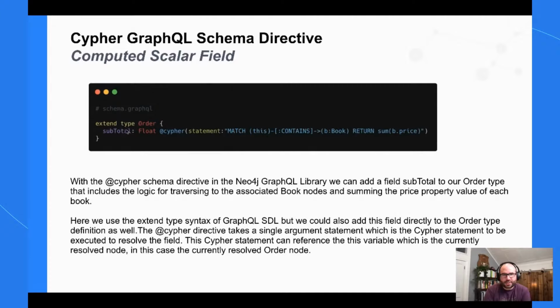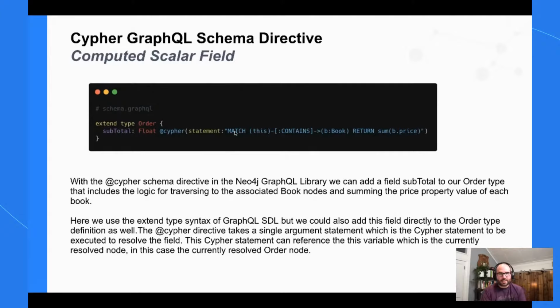We could also just include this field along with the other fields that I've defined on the order type, but this is just nice to single this out. So here we're adding a subtotal field that is going to be a float, and we're calculating this in Cypher. We're looking at all of the books that are contained in the order and summing up the price.